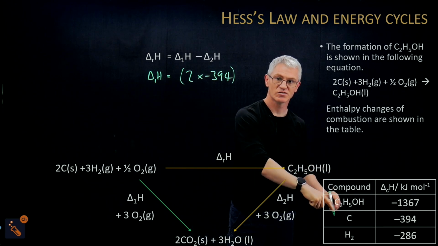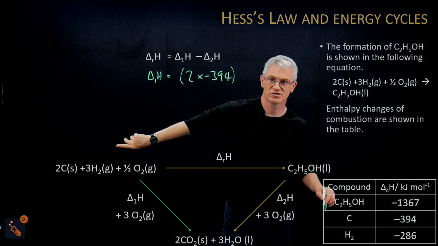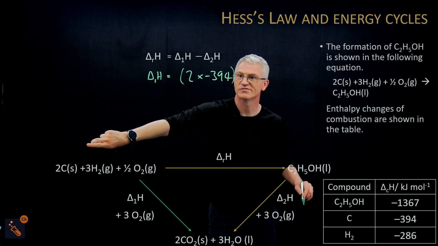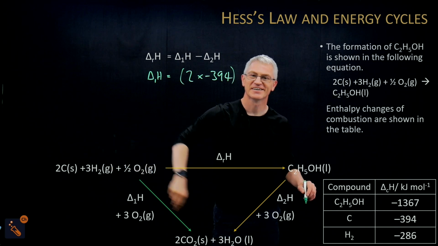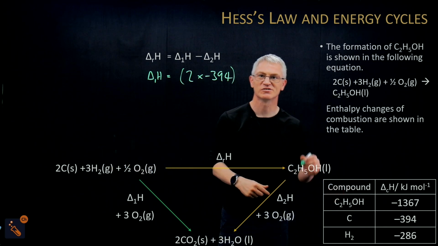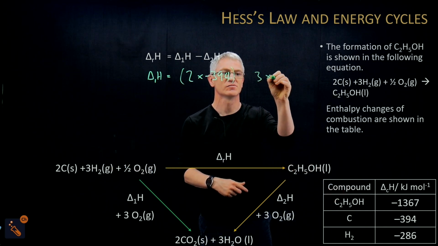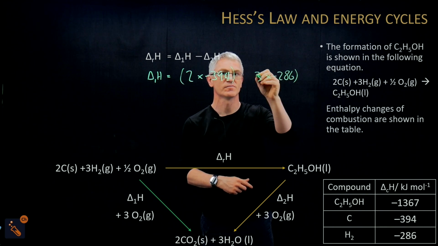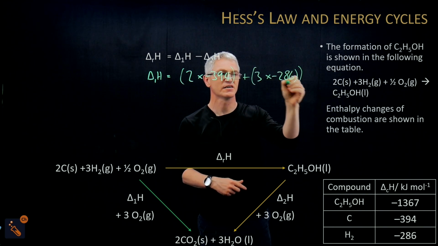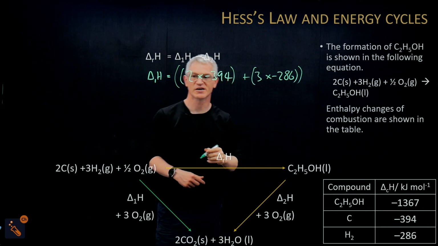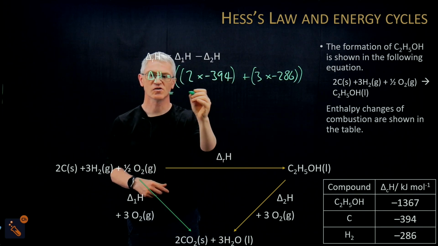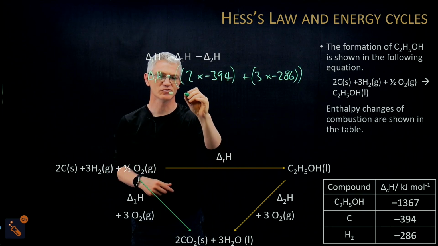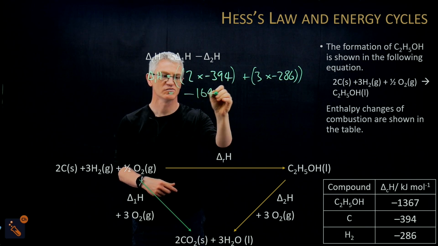And then we've got 3 moles of hydrogen. Put it there. Sorry, there. Okay, and it'd be 3 times minus 286. Add that together, and we've got our 1. Now that will equal, on my notes here, minus 1646.